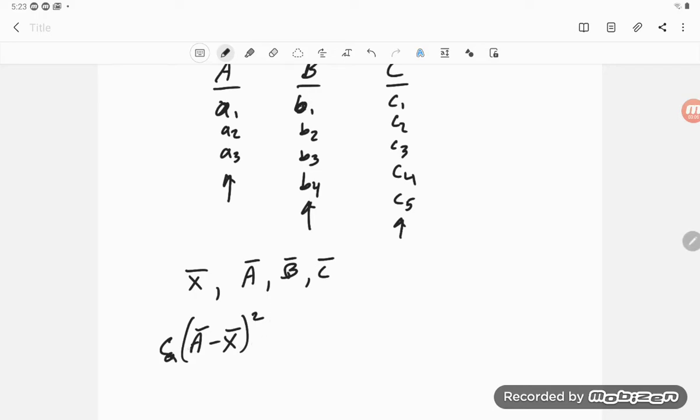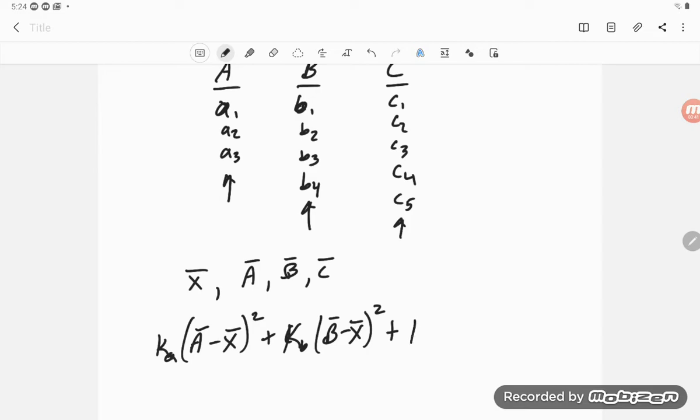I'll call it K for now, since all these letters are used. So some KA times (A bar minus X bar) squared, and then some KB times (B bar minus X bar) squared, plus KC times (C bar minus X bar) squared. This is actually a weighted average of these variances.